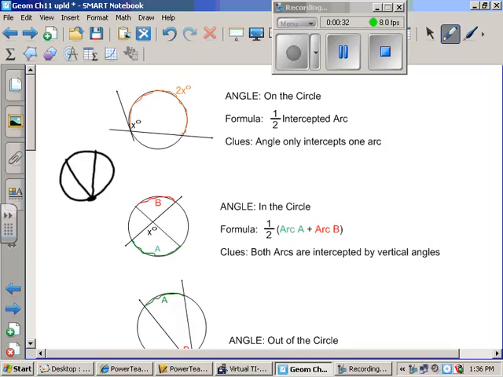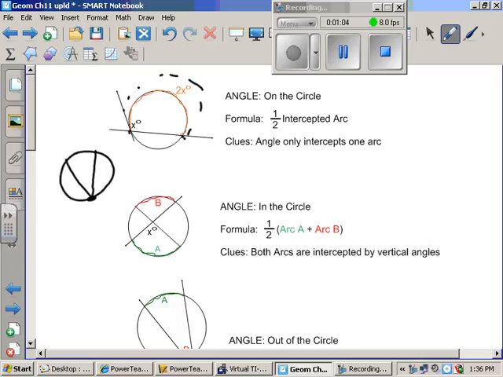It's just that the intercepted arc is bigger because it goes all the way from the vertex around to the other end of the angle. But the measure of the angle is still half the intercepted arc. And it's different than the other two cases because the angle only intercepts one arc.